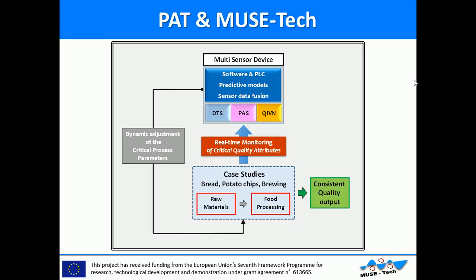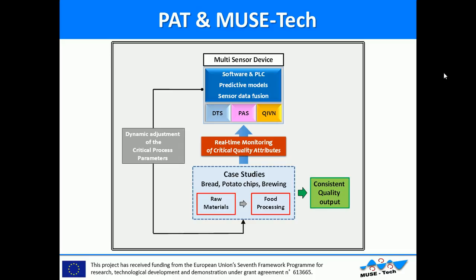In this slide, we can see the global concept and the relationship between our project and the PAT. In the MUSE-Tech project, the three sensors are integrated in a multisensory device, which also includes chemometric tools and user interface software. 3 MSD prototypes have been fabricated for 3 case studies, namely bread, potato chips, and beer production.